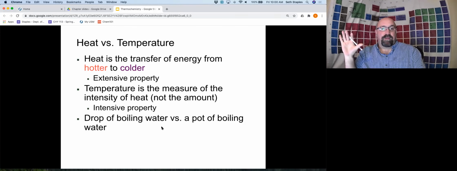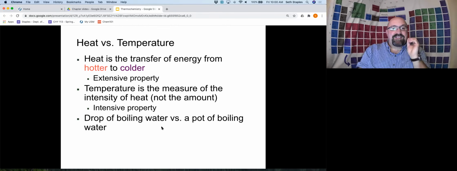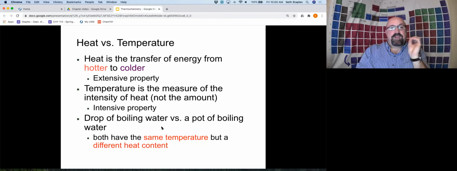And so that drop of boiling water is at 100 degrees C. That entire pot full of boiling water is at 100 degrees C. So they both have the same exact temperature, but the amount of heat is going to be very different. It takes a lot more heat to get that pot to boiling than it does for the drop of water. And so there's our difference: heat is an extensive property that will depend on how much we have. Temperature is an intensive property where it doesn't matter how much of the material that we actually have.